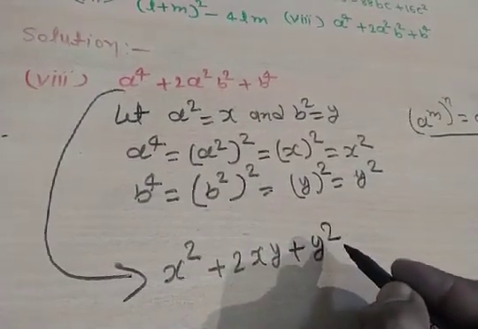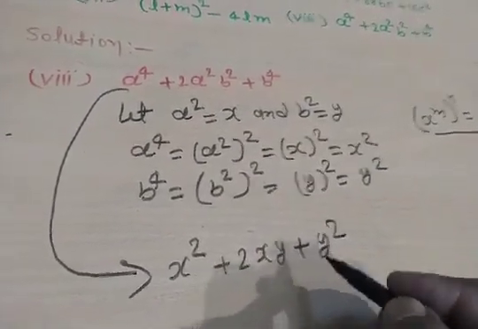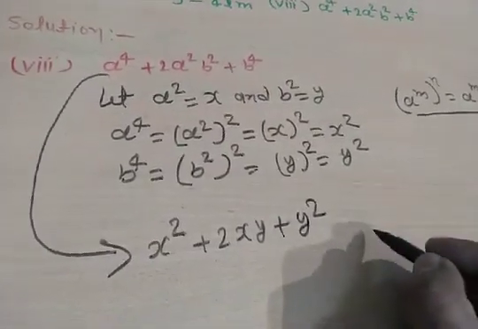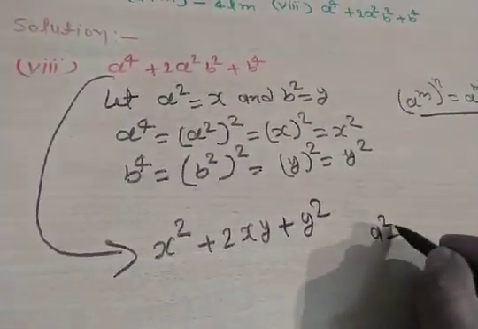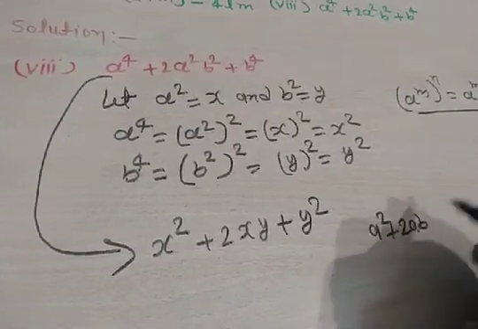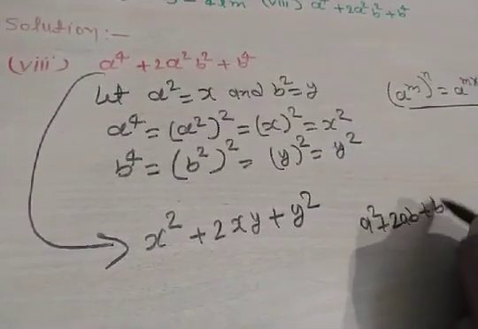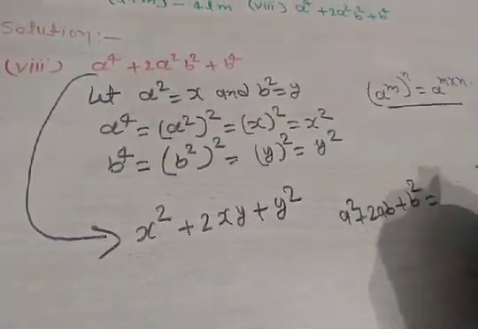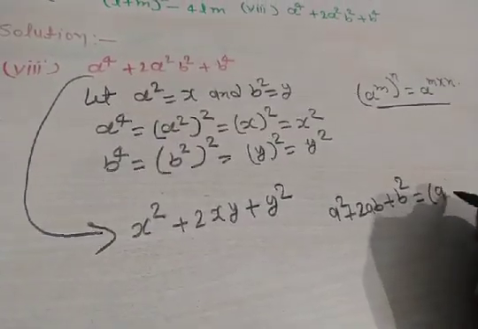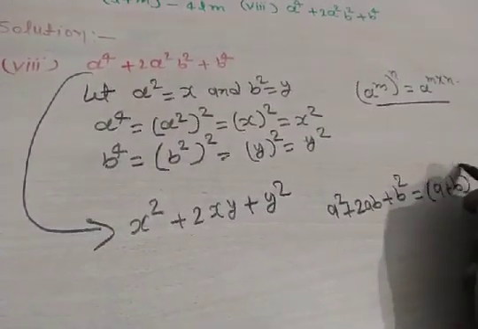So you can see this is a form like A square plus 2AB plus B square, which is equal to the whole square of A plus B. Clear?